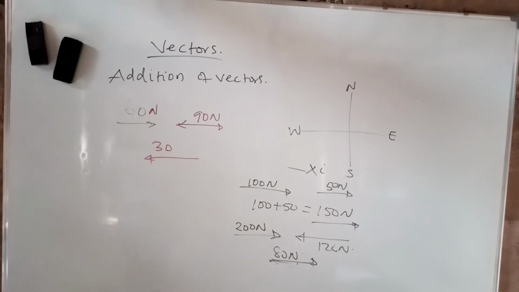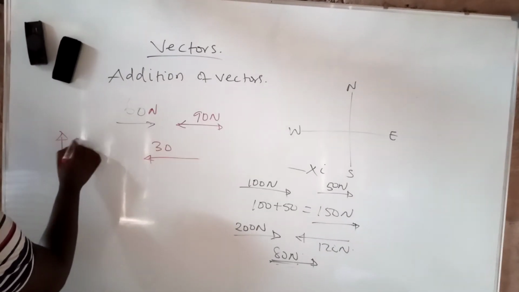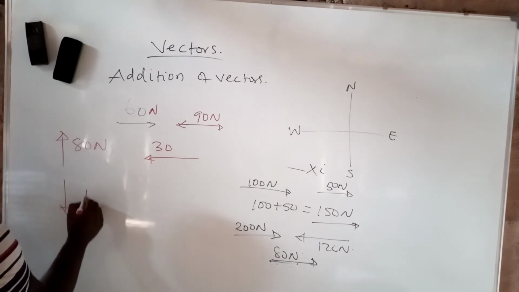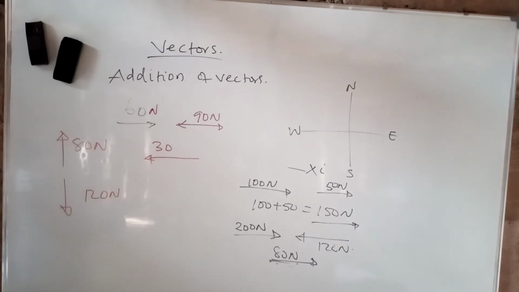What if you have an example like this? You have 80 Newton, and then you have another one moving this way, and it's 120 Newton. What will be the answer? They are both moving in opposite sides.